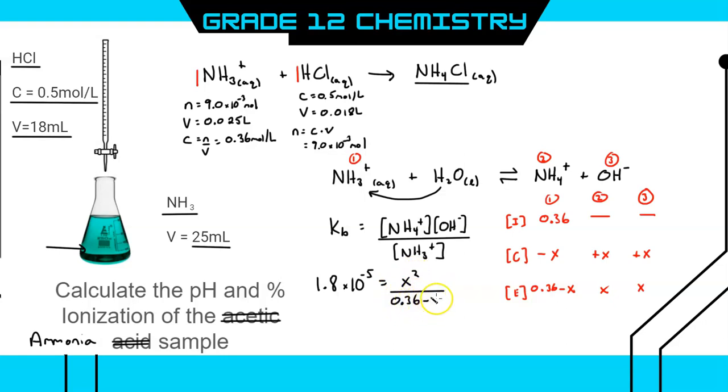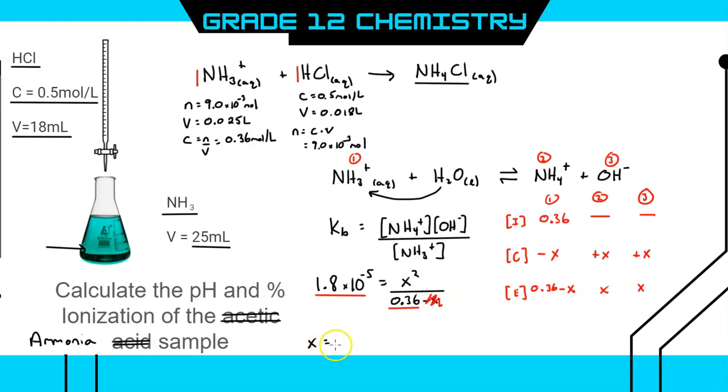So filling out this equation, we have X times X, which is X squared, all divided by 0.36 minus X. And once again, because our initial concentration of our weak base divided by that constant is much, much greater than 100, we are free to cancel out this X. It won't really make a difference. So solving for X, again, cross multiply, take the square root.